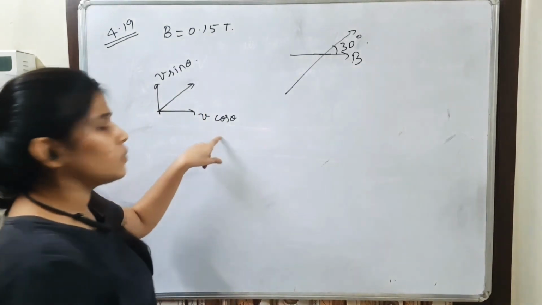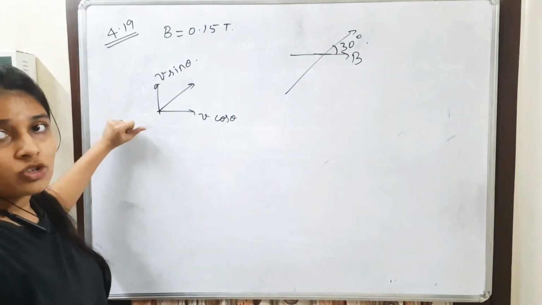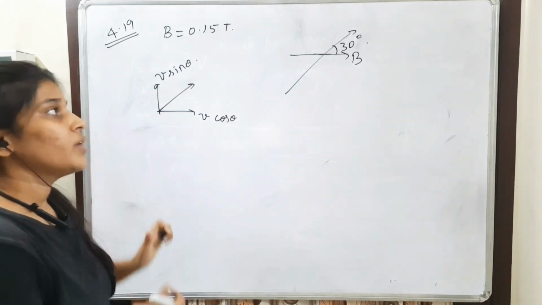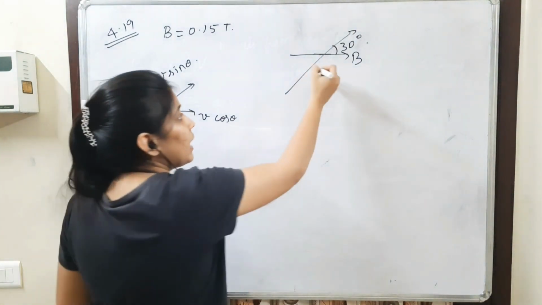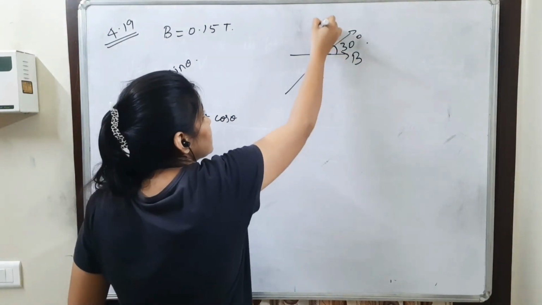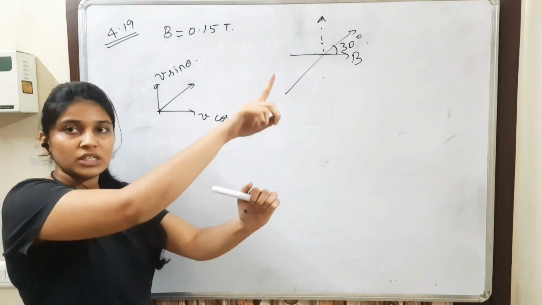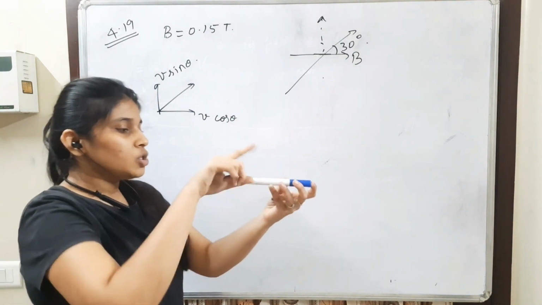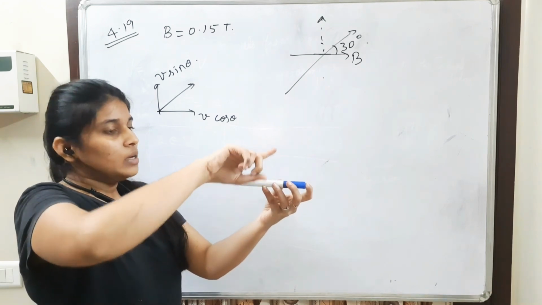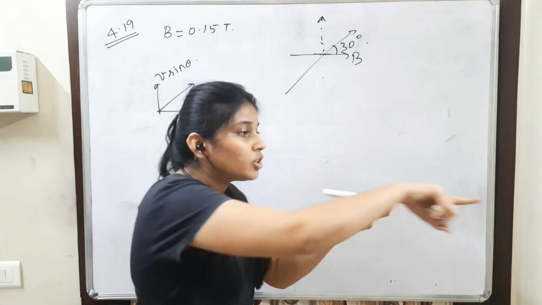Then what will this v cos theta do? It will make the electron move in a forward direction. For example, if the velocity is along 30 degrees to this axis, and the particle is having v sin theta along this direction, the velocity is ejected in an angular path. So the particle will still make a circular path, but now you are having a horizontal velocity also.